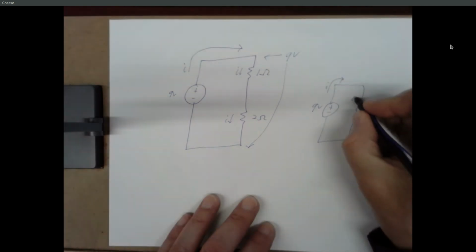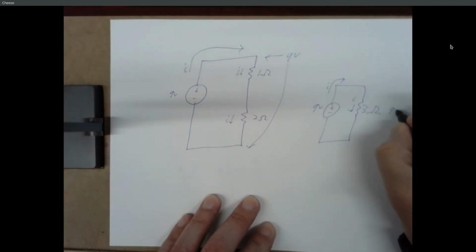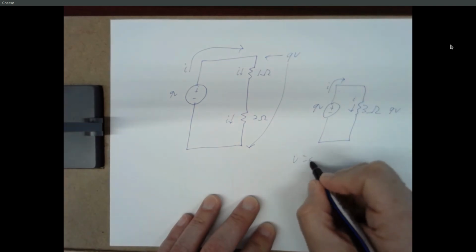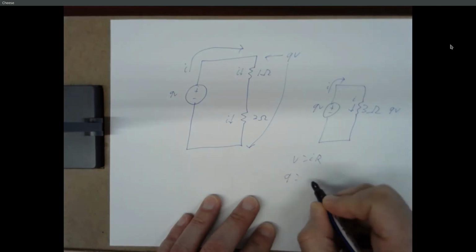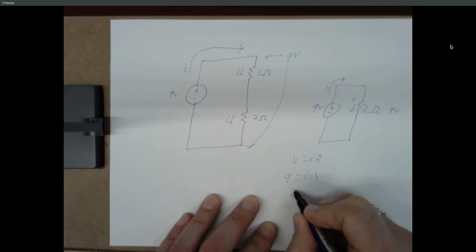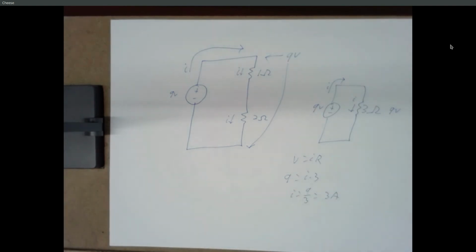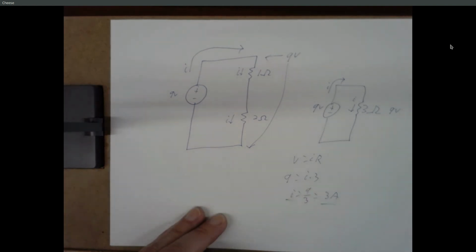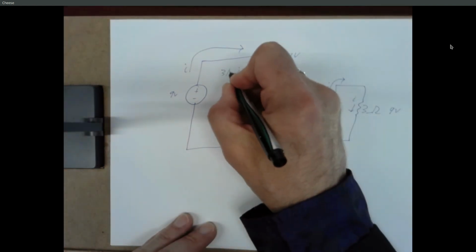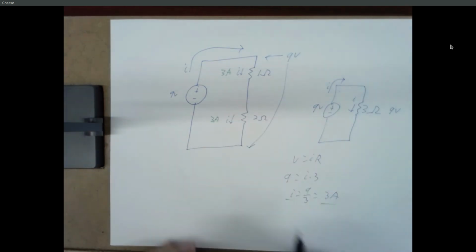We know that we have a current I flowing through here. We know we have 9 volts here. V equals IR, so 9 is equal to I times 3. I is equal to 9 over 3, which is 3 amps. Now we back up to our original circuit, and since I is equal to 3 amps, this is 3 amps here, this is 3 amps here.